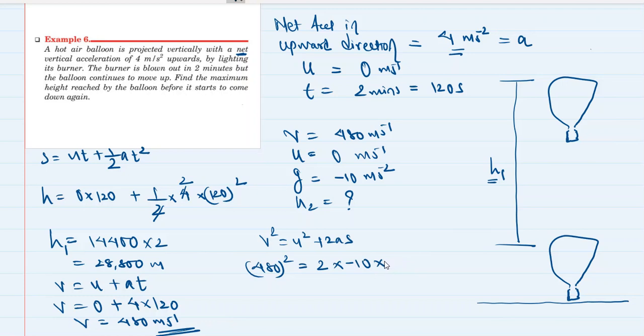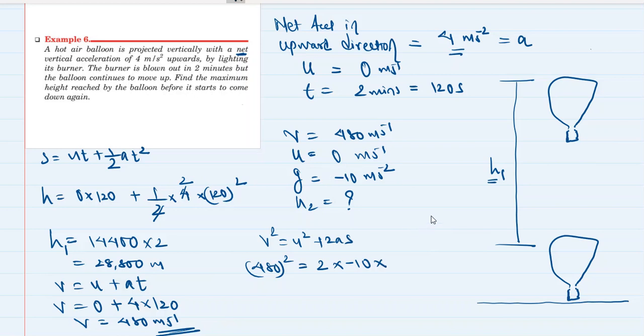Is everything okay? v square is equal to u square plus 2as, acceleration is negative. Why is the height coming negative in this? I have no clue. What is the problem?